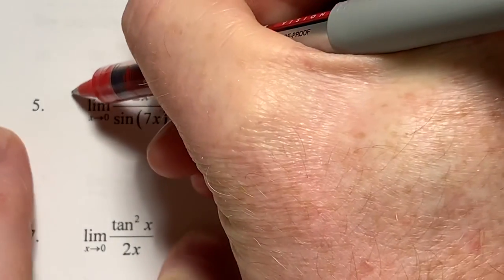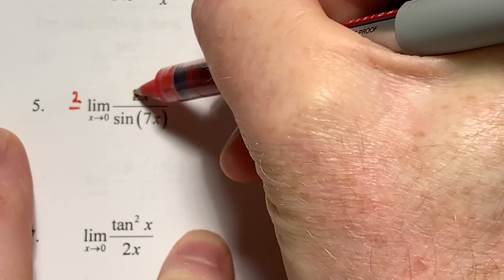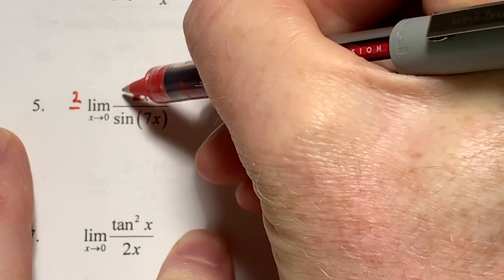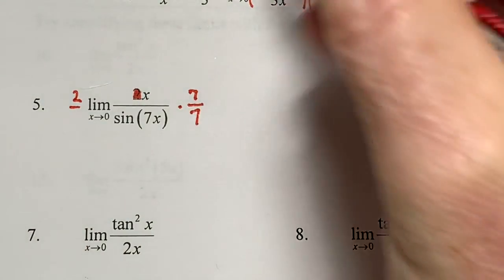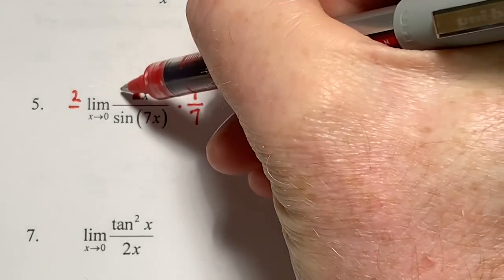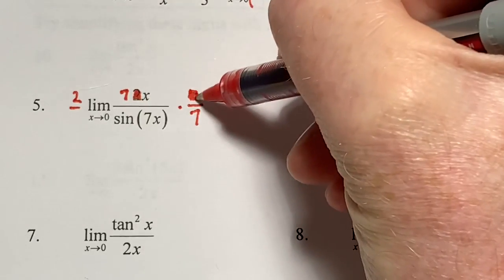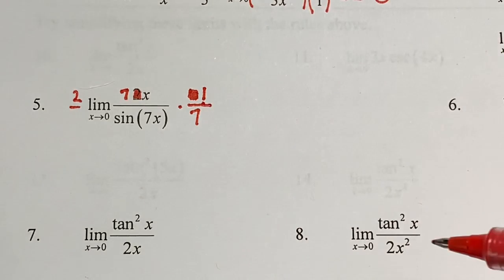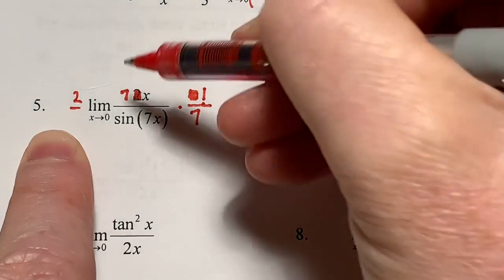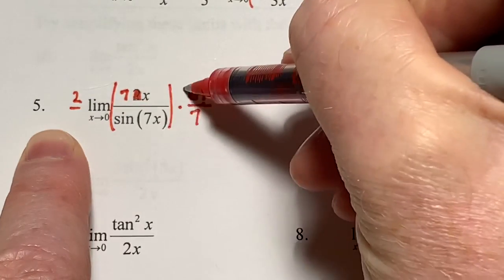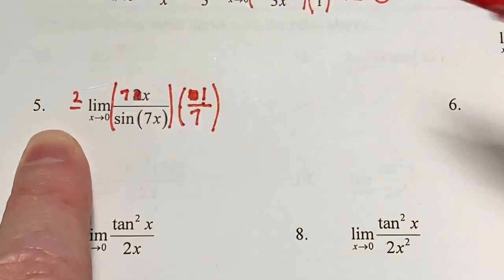Go ahead and factor the 2 out so it's not there, and then multiply by essentially a 7 over 7, okay? And then we're just going to move that 7 in, and that just leaves me a 1 over 7. And if you want to at this point, you can even bring the 1/7 out. I don't really need that. I'm just going to take the limit of each part of these, and when I'm done, multiply by a 2.